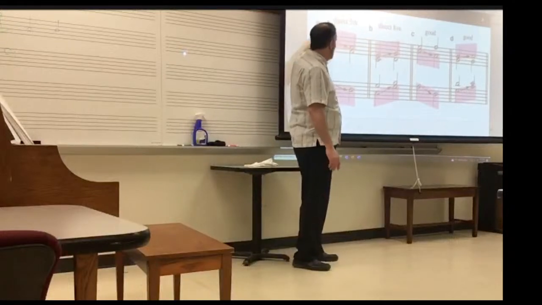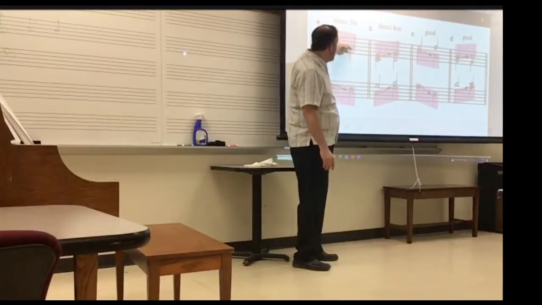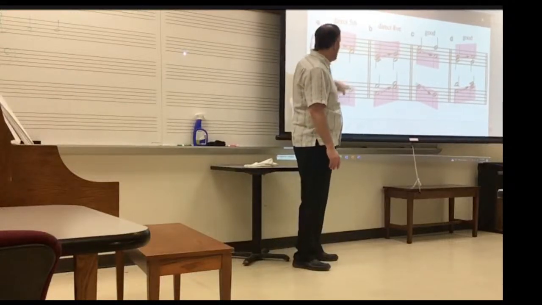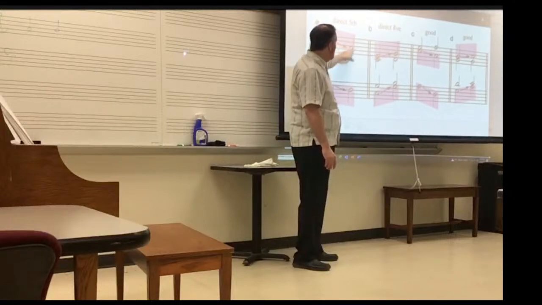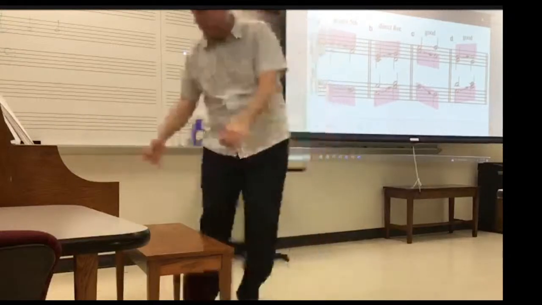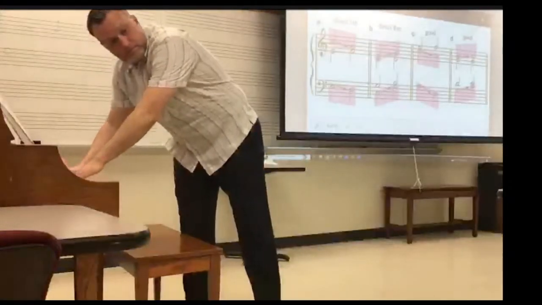Soprano is, in this case, skipping down to the A, and the resulting interval is a perfect octave. Or, I'm sorry, perfect fifth. Kind of brings that perfect fifth up.